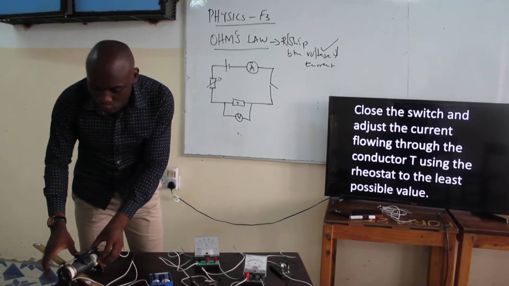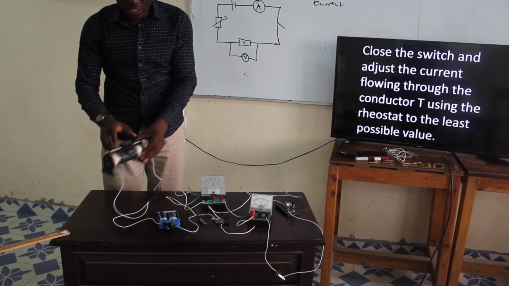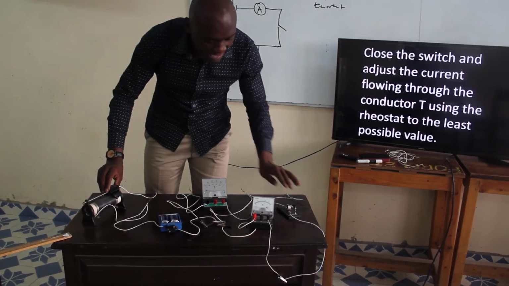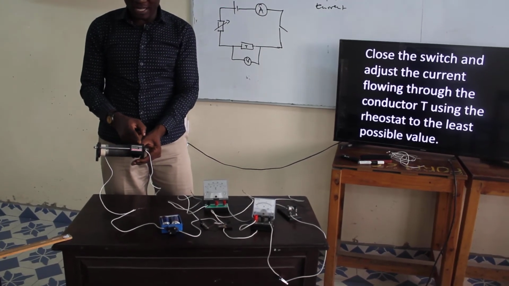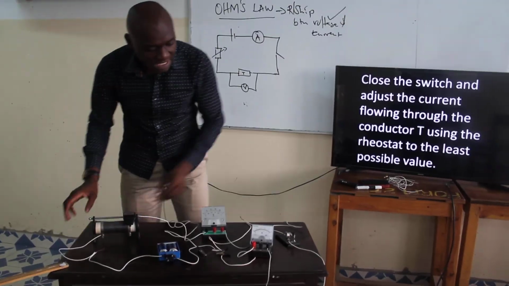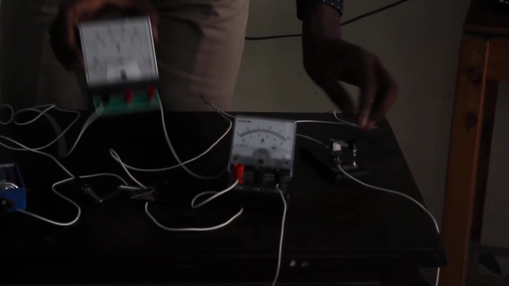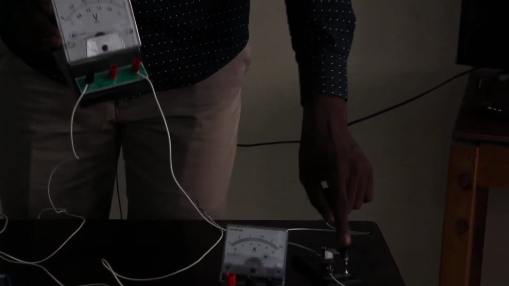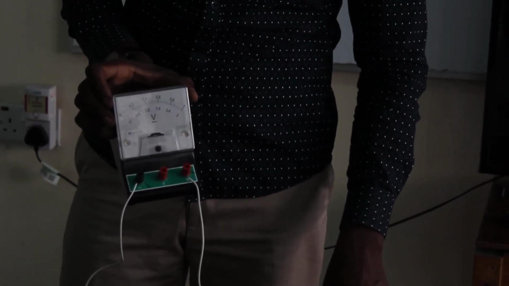So meaning, you have to adjust your resistor, so that now you actually record the least value. If I adjust this one to this level, I'm going to have the least possible value. You can actually confirm, look at that. The deflection is very small. Why?